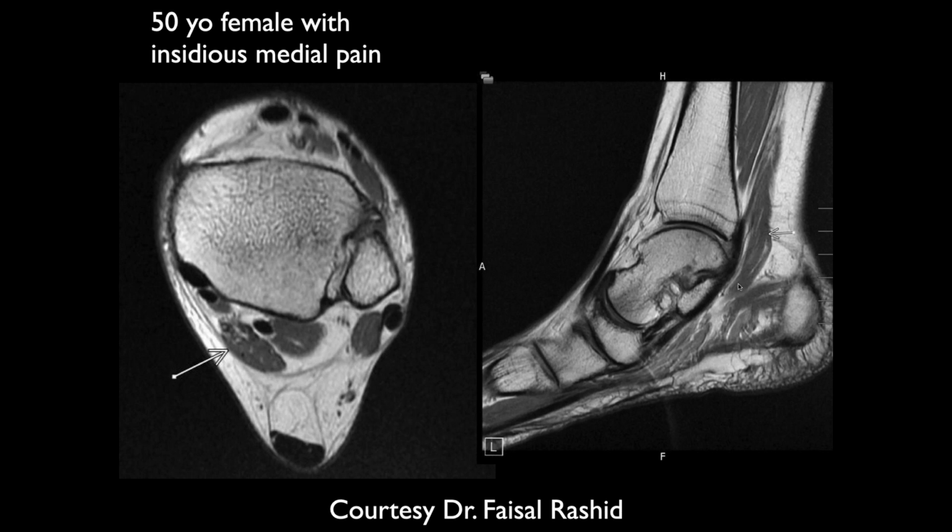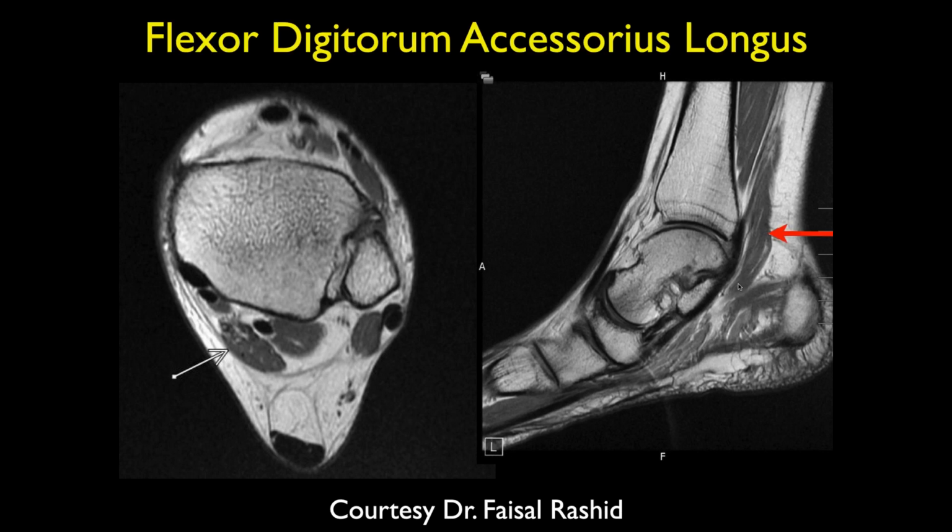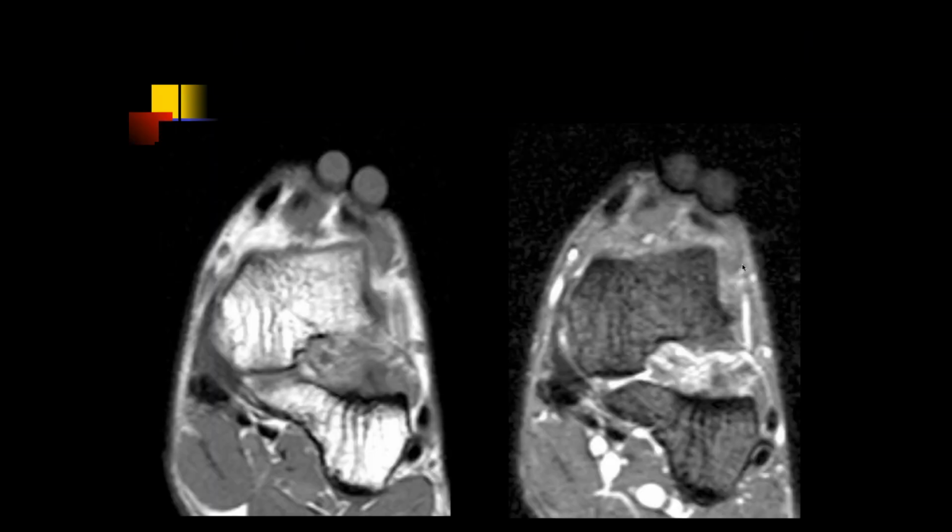But here we can see it coming down through here. All right. And then anteriorly, you can have the same sort of things. This is the extensor hallucis and extensor digitorum. And what we're seeing here is that the muscles are extending much farther down than normal.